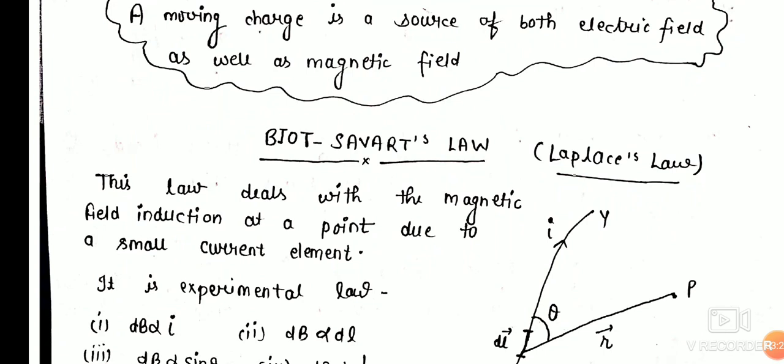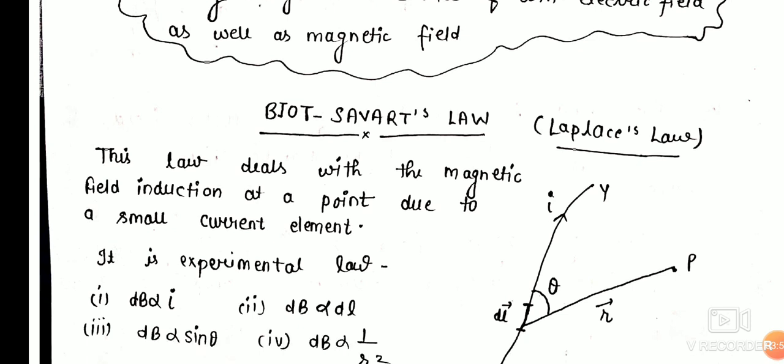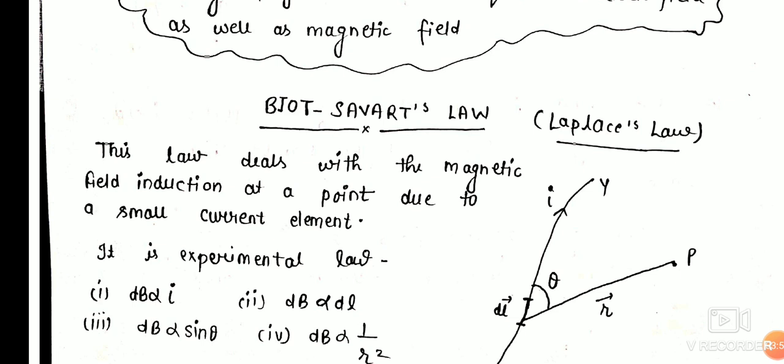Now the main topic is the Biot-Savart law. It is a very important law, because with the help of this law we can solve many typical problems which we will study in further videos. The Biot-Savart law is also known as Laplace law. It was given by the scientists Biot and Savart.